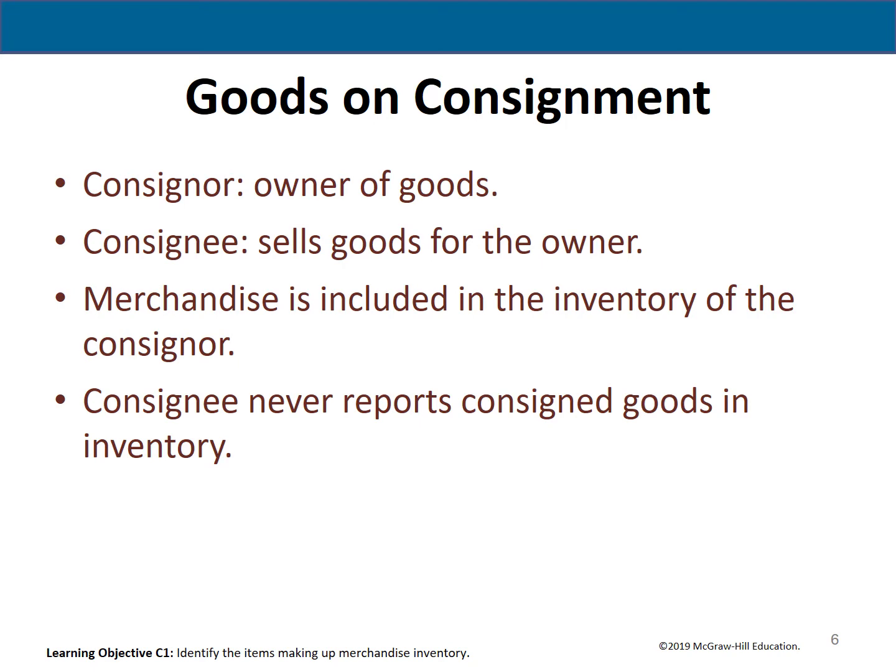So all the consignor does, or I'm sorry, the consignee, the person who owns the consignment shop and maybe rents the shop itself, the consignee doesn't own any of the stuff in their shop. The consignor does, the person who gives the consignee goods. So the consignee never has inventory. The merchandise that the consignor gives to the consignee to sell for them is still the consignor's inventory. The consignee never has any inventory.